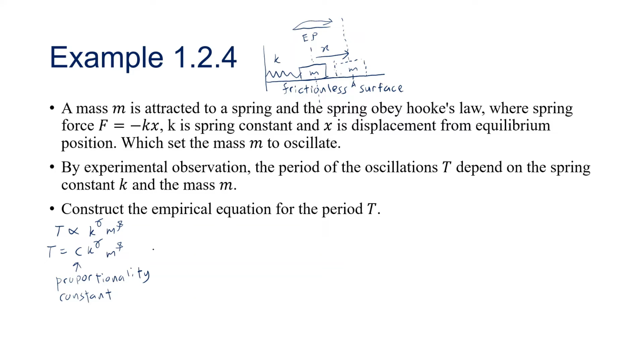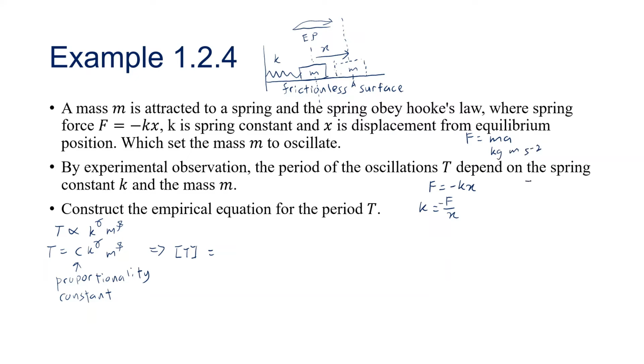In terms of dimension, we know the dimension of the period is T. Now let's find out the dimension of k. From the formula F equals minus kx, we get k equals F over x, and we know F equals ma, which has a unit of kg meter per second squared.